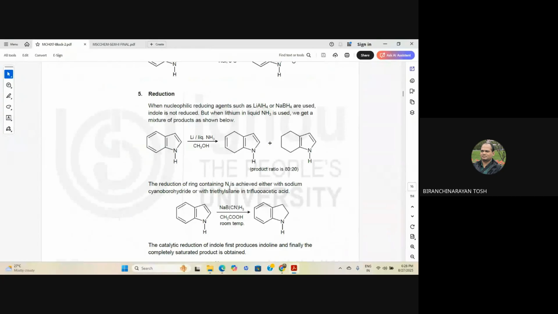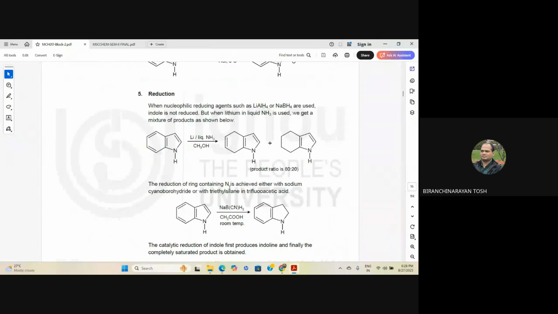If you are using sodium periodate, then you get a diketone or dicarbonyl compound. The double bond will break and 2 oxygens will be inserted. But in presence of DMSO, 3 substituted indoles just give oxindoles. Here one carbonyl group will be formed.